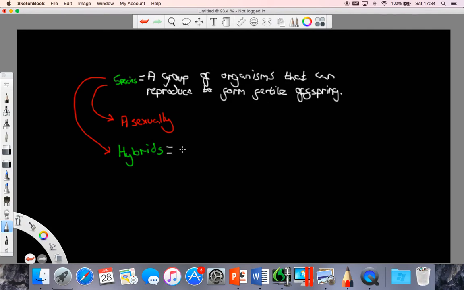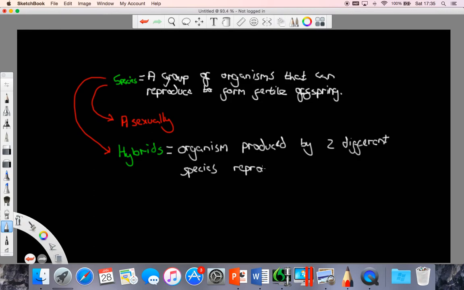So hybrids are organisms produced by two different species reproducing, and are sterile, by which I mean they cannot have children of their own. Okay? So that's a problem with this definition of species.